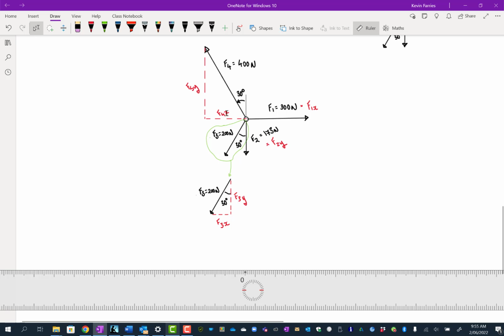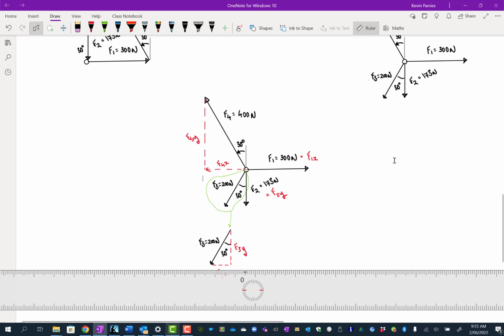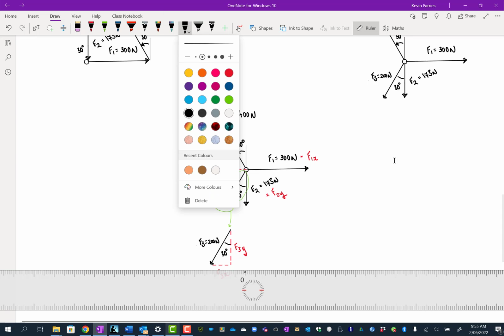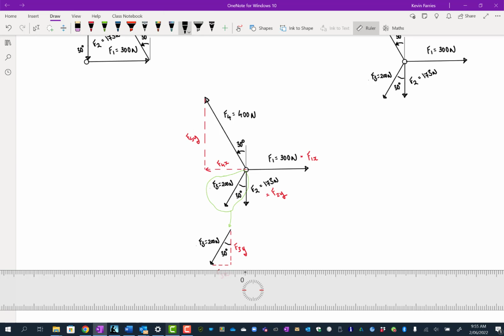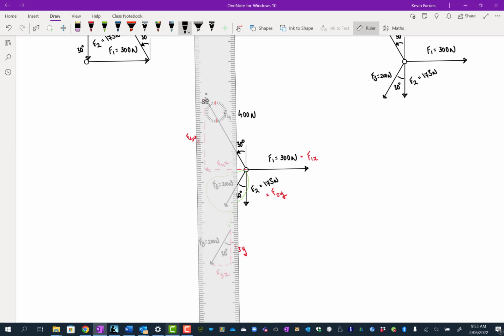For the other two, I've just marked out my x and y components, and I'm thinking about directions at the moment. So let's just check if the original problem gave us an x and y direction. No, it didn't, so we'd better just write that as well. And so we're just going to mark on what we're assuming for x and y.